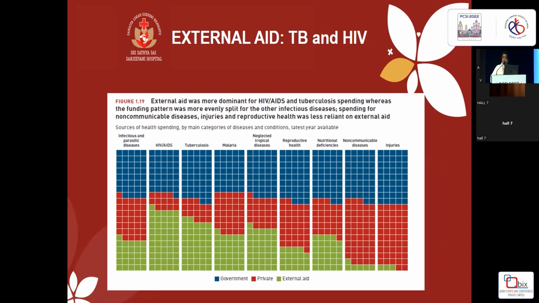So if you consider the countries in sub-Saharan Africa, if you see the second column from your left, then you will see the green bar where most of the external spending has gone into the treatment of HIV and AIDS.